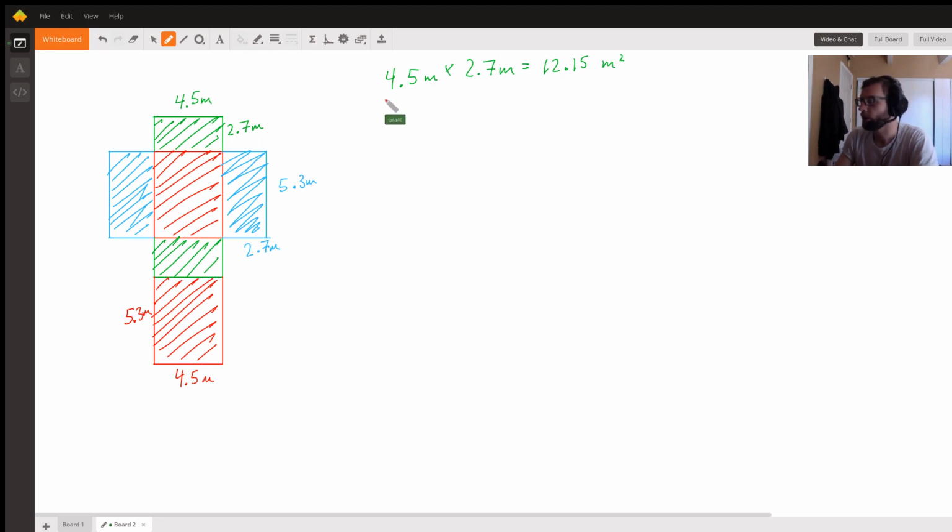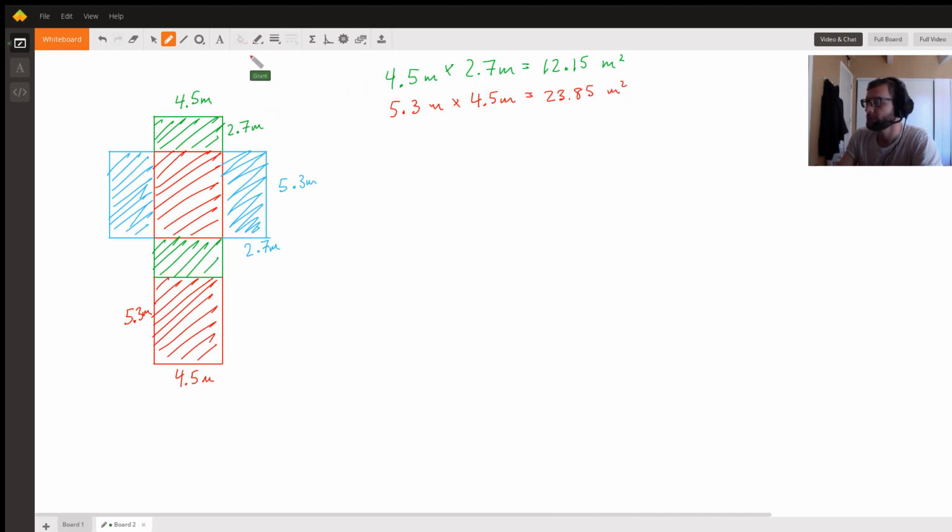Now for our red rectangle, we do the same thing. We take 5.3 meters times 4.5 meters, and you just use the calculator. So 5.3 times 4.5 is 23.85, so we got 23.85 meters squared.